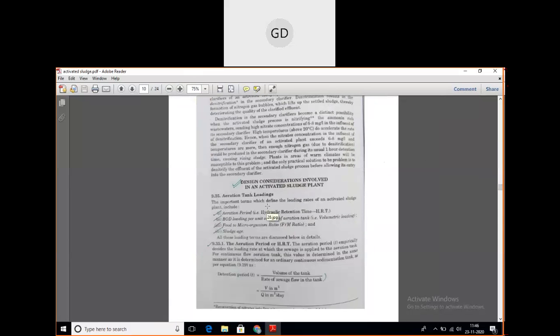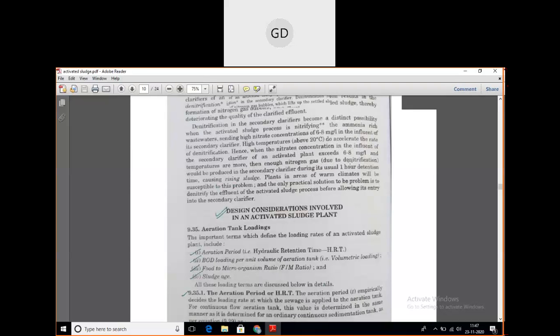Next, there are some design considerations. You should consider the basics of design involved in an activated sludge plant. There are some aeration tank loadings, which are important terms that define the loading rates of an activated sludge plant. You should know the terminologies and the definitions as well. Number one is the aeration period.